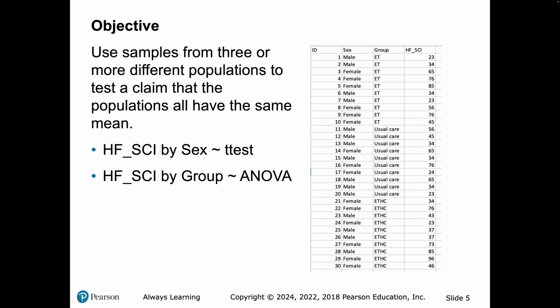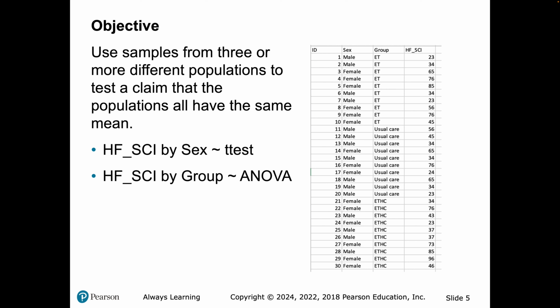But if I wanted to examine the difference in the means of this heart function score across group, you can look down through there and you can just glance and see we have ET and we have usual care and we have ETHC. So we have a categorical variable with more than 2 groups, 3 or more.